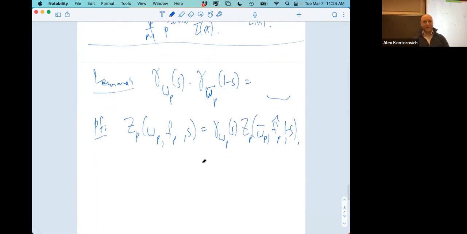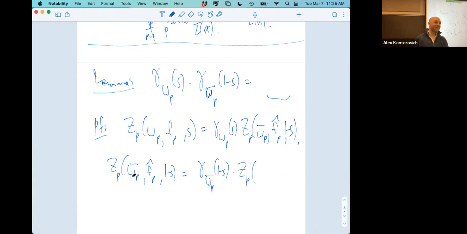But this thing also has a functional equation, ZP of omega P bar, FP hat, 1 minus S. So this is going to be a gamma bar at 1 minus S times ZP. Now I'm going to replace omega bar by omega bar bar, which is back to omega.